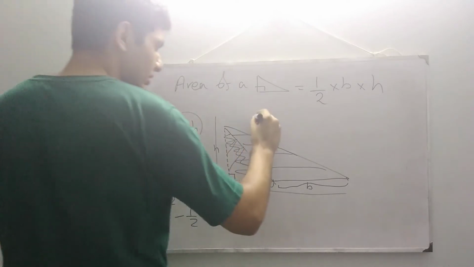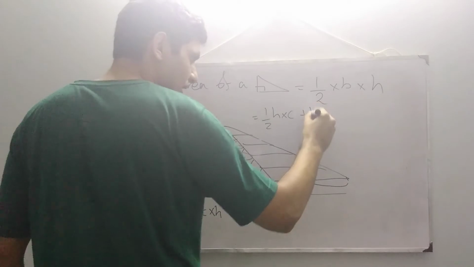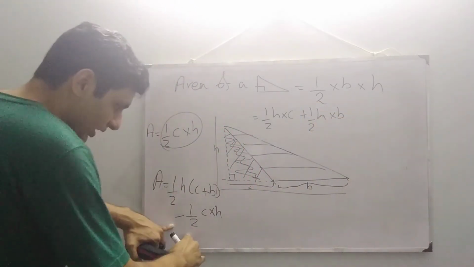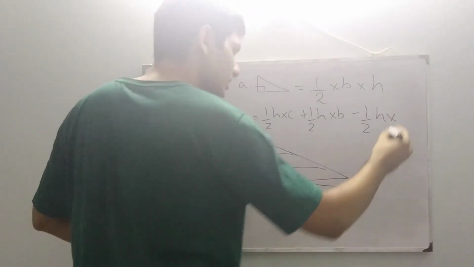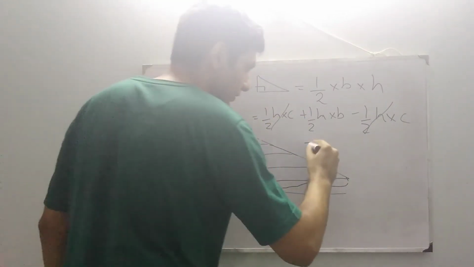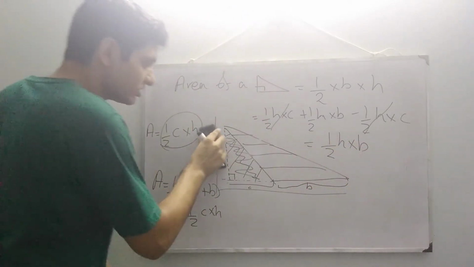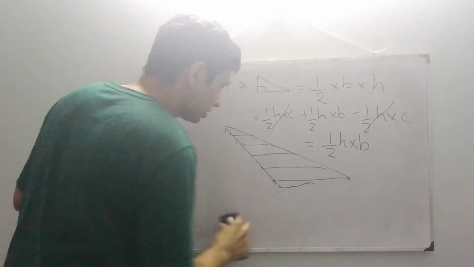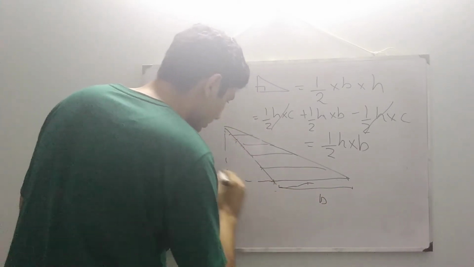So this is half of H times C plus half of H times B, and I'm taking away this bit, half of H times C. This cancels out this, and I'm left with half of H times B, which again is just the base times the height.